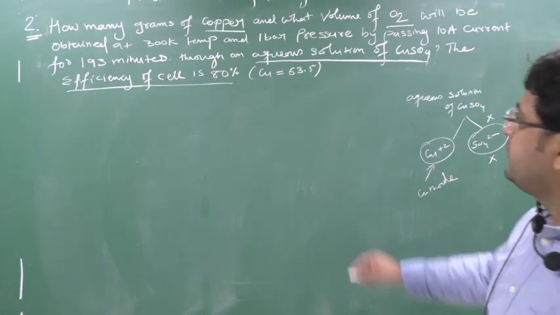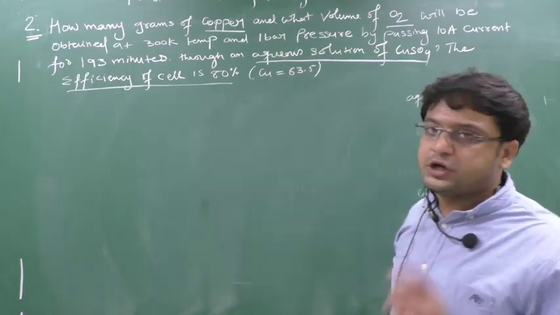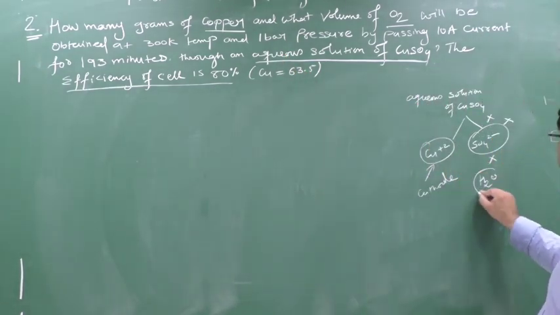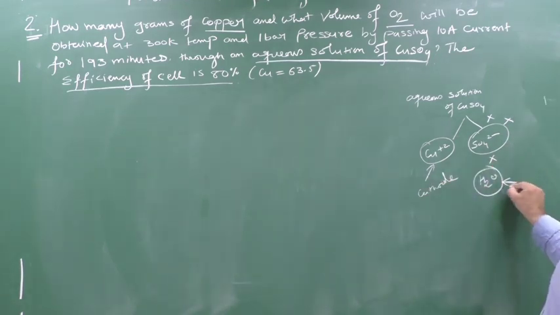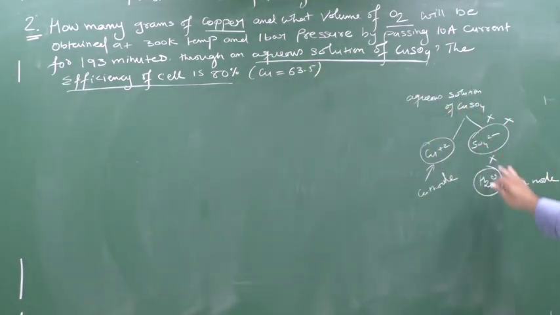But just now you remember, aqueous solution of CuSO4 means aqueous, that is water. So instead of SO4 2-, water will go to the anode. Why, sir? Because it is an aqueous solution. The H2O oxidation is easier than that of SO4 2-.